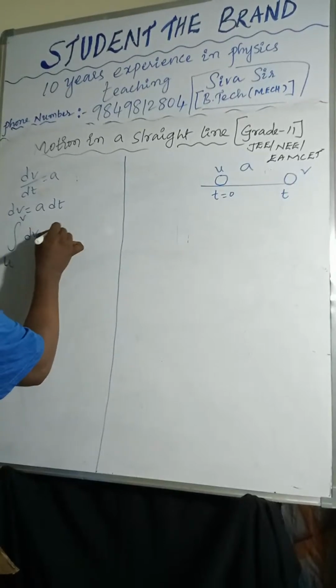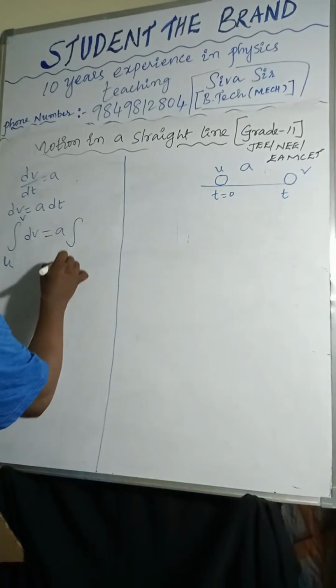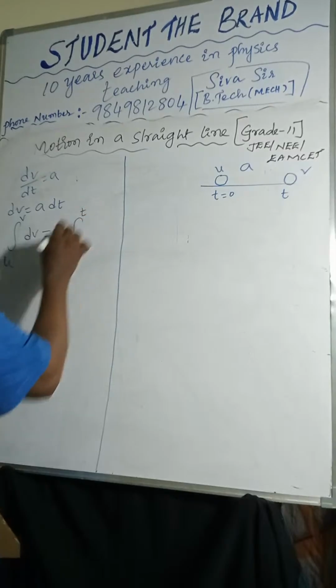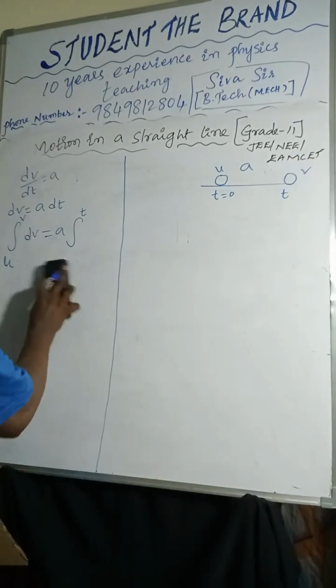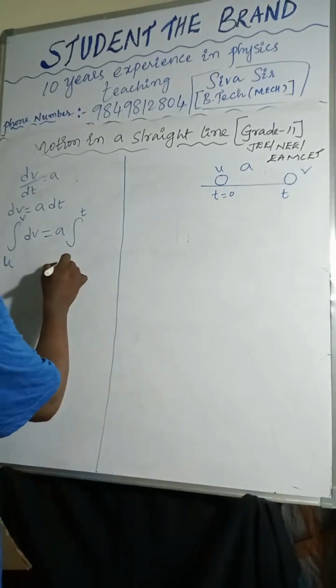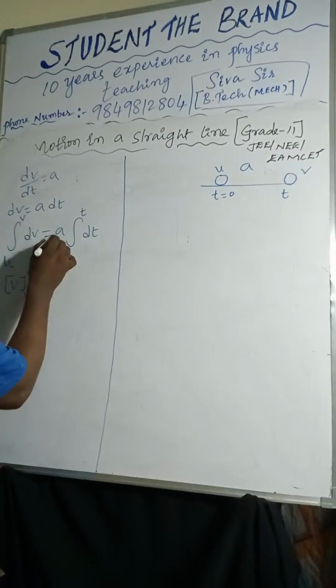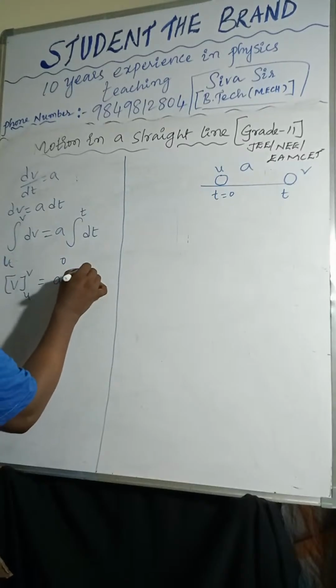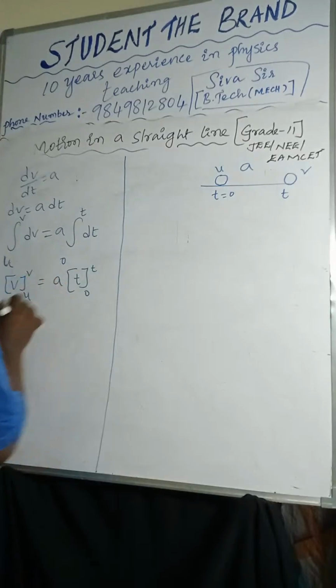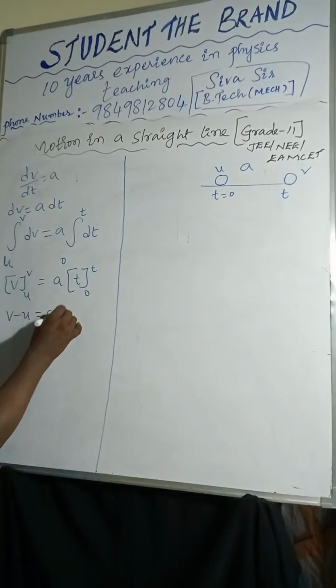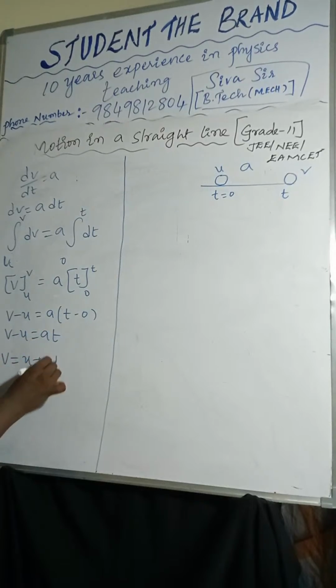Now substitute: v minus u equal to a into (t minus 0), so v minus u equal to at. Then v equal to u plus at. So this is the first equation.